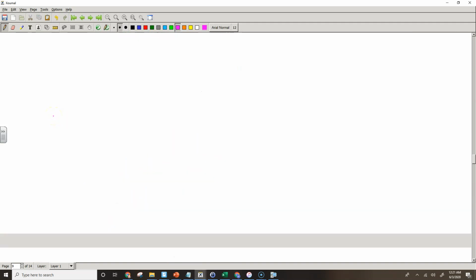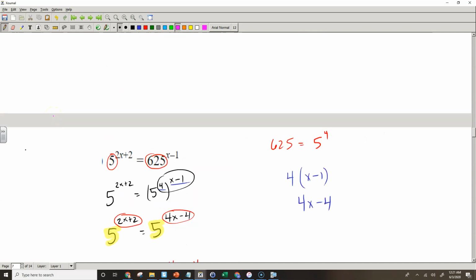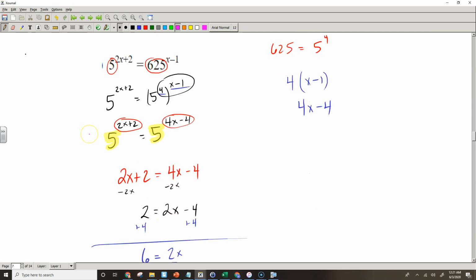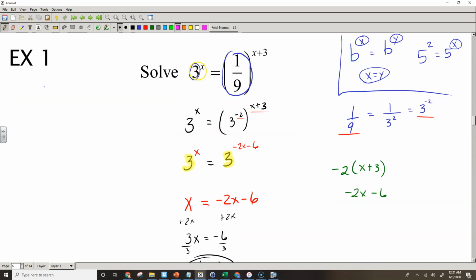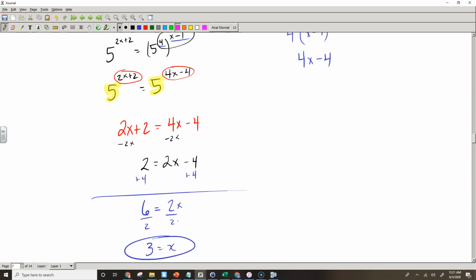All right, so that's it for solving exponential equations. Just to review, if you can write these bases as the same base, then that's a strategy you can use to solve the problem. That's what we did in the first couple.